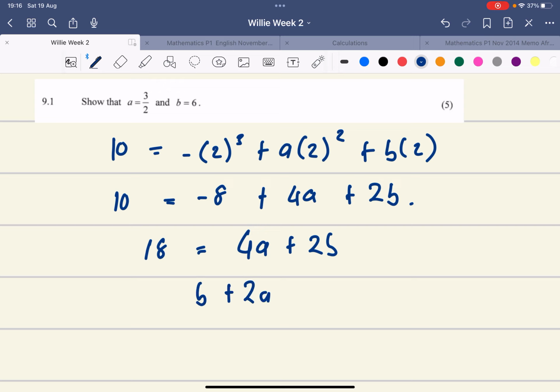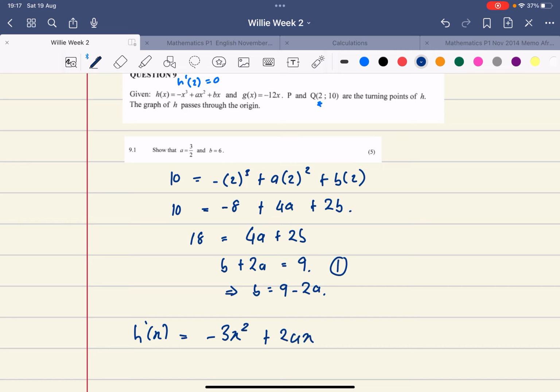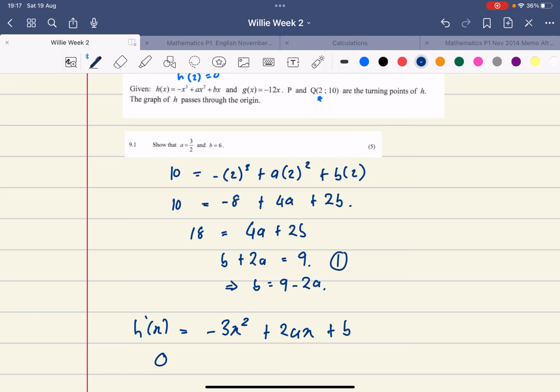Okay, but now we also know from the explanation I gave earlier that h prime of 2 is equal to 0. So let's first find h prime. h prime of x is going to equal minus 3x squared plus 2ax plus b, and that's just using the power rule. Okay, so h prime of x at 2 is going to equal 0.